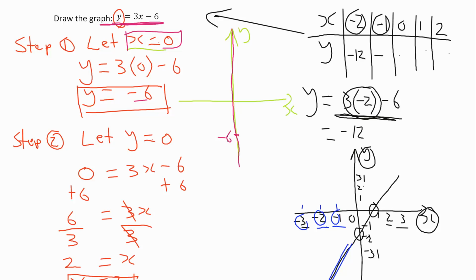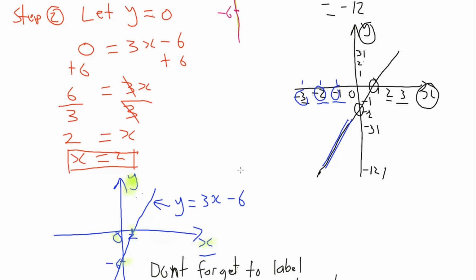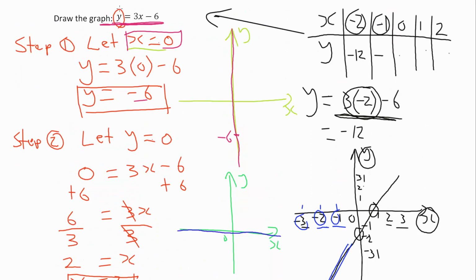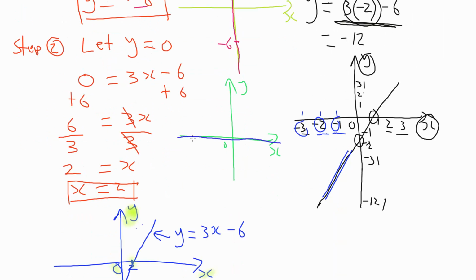Right there. Now the same thing also applies for step 2, when we let y equal 0. So if I had to draw the graph y equals 0, let's draw my graph, y and x, 0. If I had to draw my graph y equals 0, that would look like right there. Now the same thing also happens here. If I let y equal 0, our straight line, being this one right here, y equals 3x minus 6, will pass this line right here.